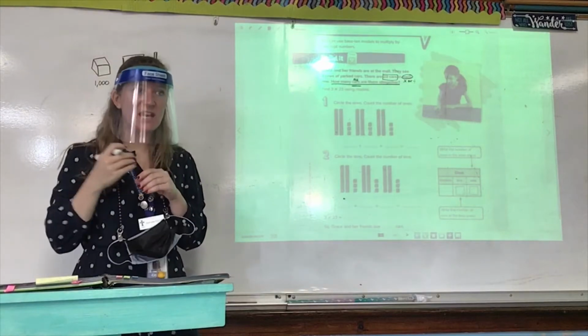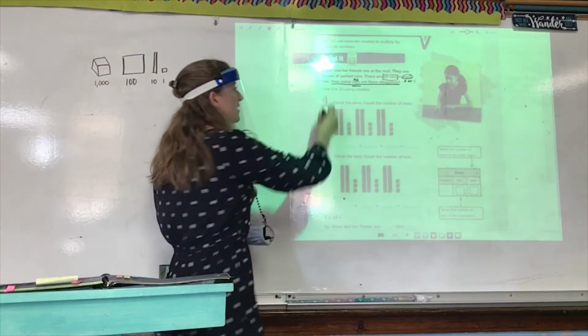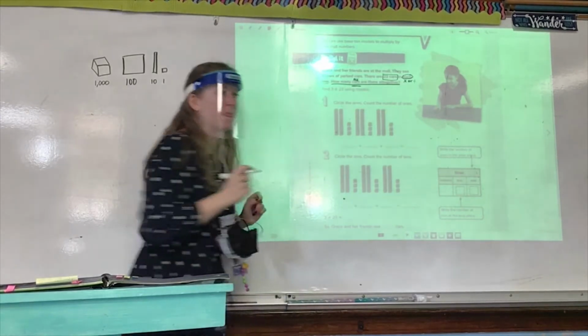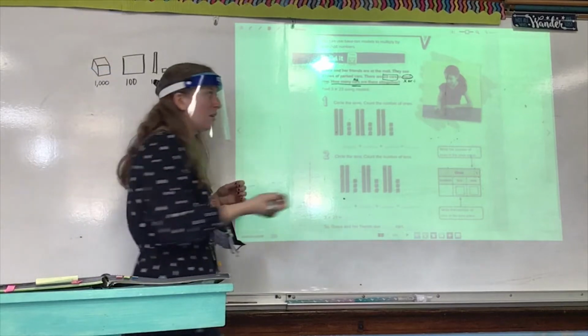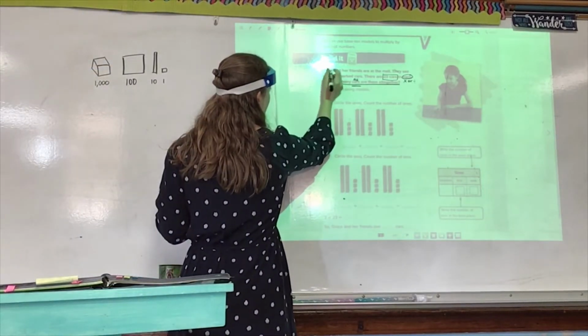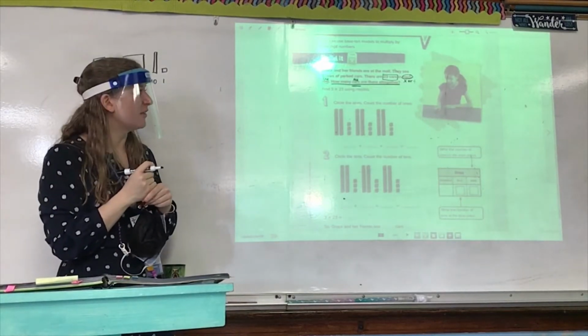I don't know which one I'm doing yet. And then right after the word each, I see the word row. I know that whatever comes after each is usually telling me my other unit. So I'm going to label it with OU for other unit.